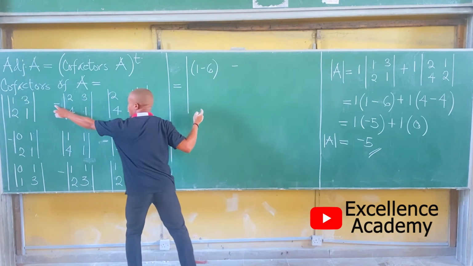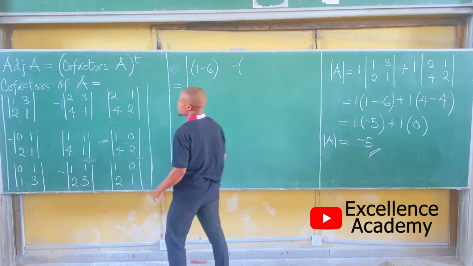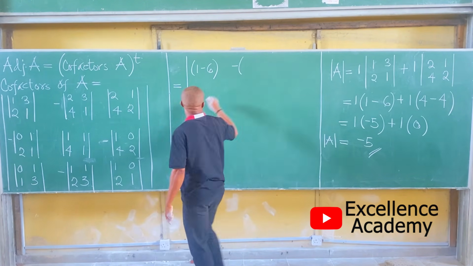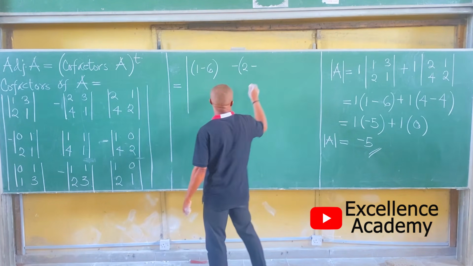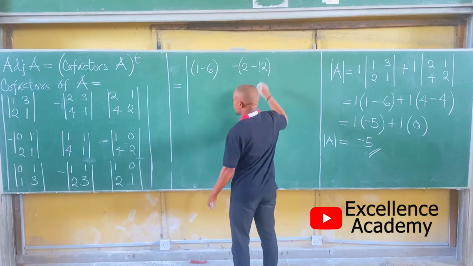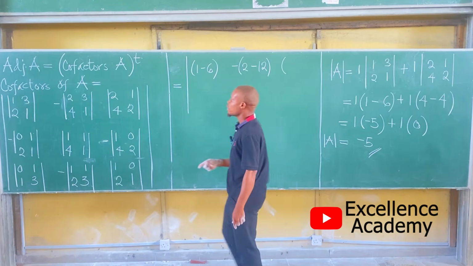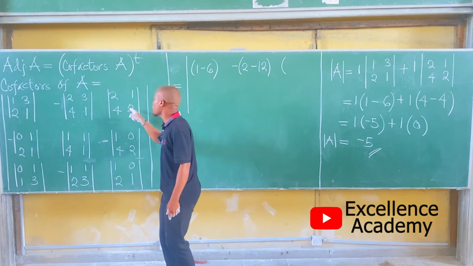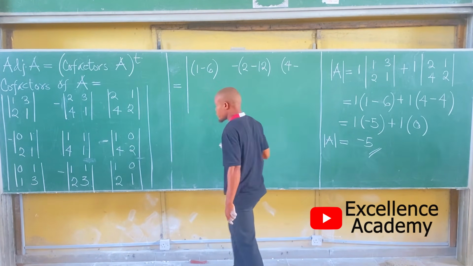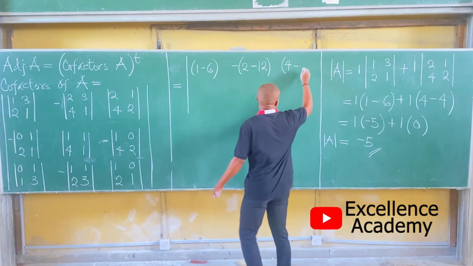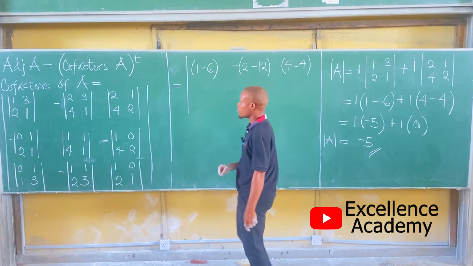Minus, mind you, your sign there is a minus. Get the determinant. 2 times 1, 2. Minus 4 times 3 gives you what? A 12. Alright. And finally, for the last element, I'm having 2 times 2, 4, minus 4 times 1, 4.